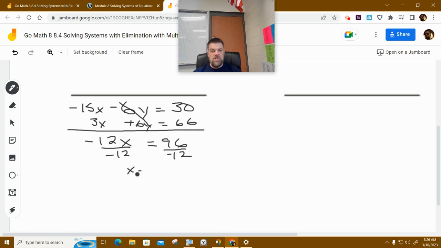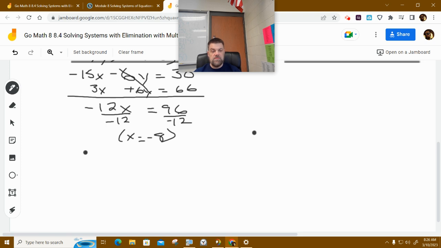Now what I need to do, and remember what we're trying to do is find out where these two things intersect. So my x value, we're going to check at the end, we believe to be negative 8. Now to find y, I just take one of these equations.